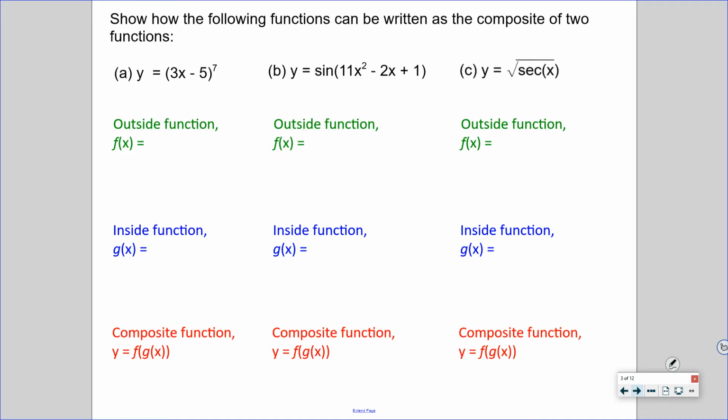Okay, so I think it's almost easier to identify your inside function. So I look inside these parentheses here, and I see that 3x minus 5, and that's being raised to the 7th power. So I can think of my inside function as that 3x minus 5 piece, and my outside function is, hey, I am raising that to the power of 7.